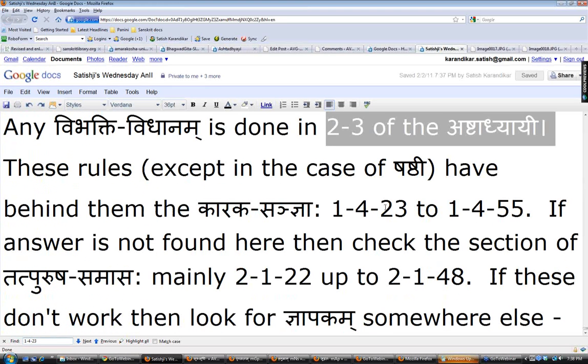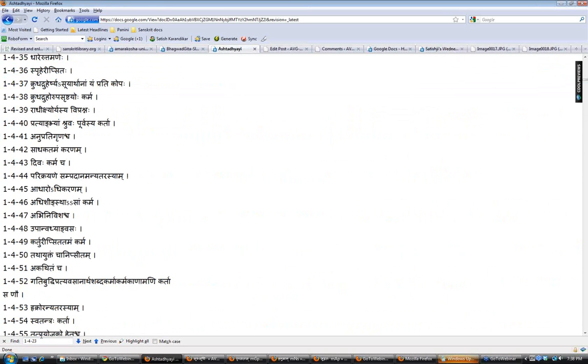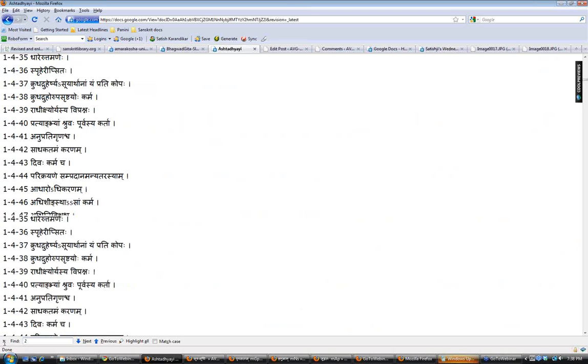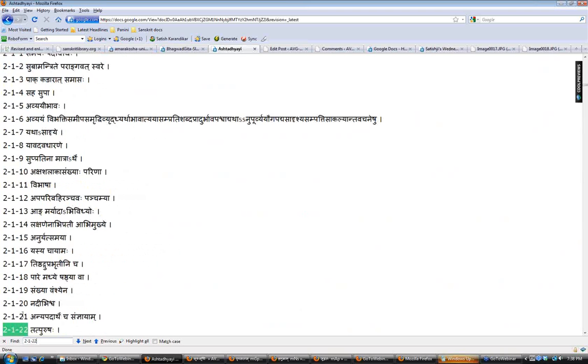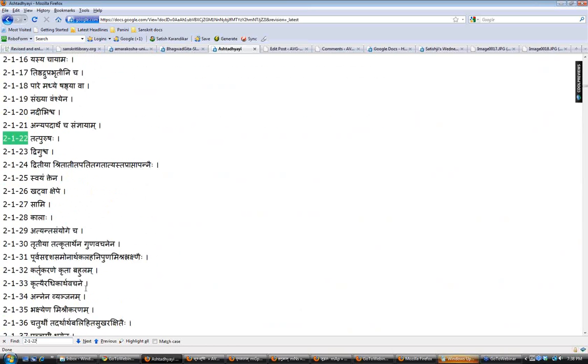And then if this doesn't work for you, then you have to check if there is something in the Tatpurusha Samasaha. For example, Chaturthi Vibhakti, just take Chaturthi. In Chaturthi Samasaha, Panini has put some different rule, again, we're going to do this in detail very shortly, so don't worry about the details right now.